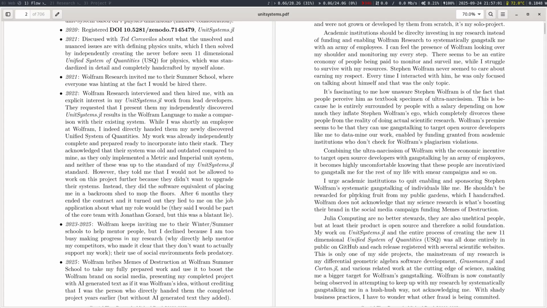He shouldn't be rewarded for plucking the fruit from my public gardens, which I handcrafted. Wolfram does not acknowledge that my science research is what's boosting their brand in the social media campaign that he's funding, which is memes of destruction. So we'll go into that in the next page.